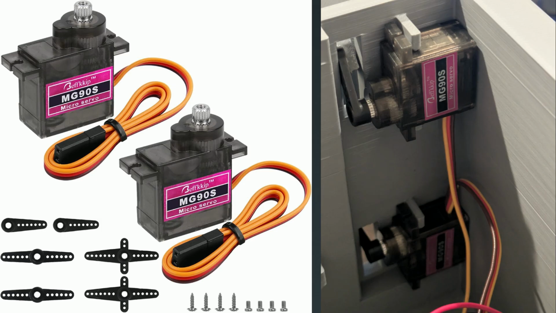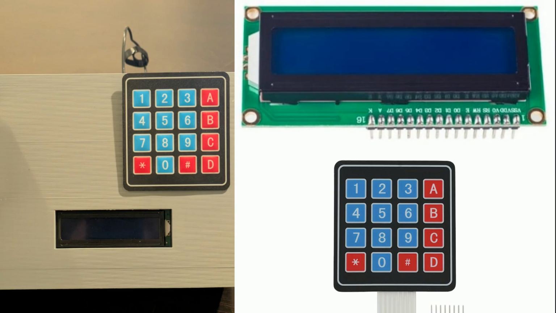In terms of the actuator, I used some 9-gram hobby servos that allow me, in this case, to flip up and down the top and bottom of a container. And lastly, for my display interface I used a 16 by 2 LCD screen, so that I can display messages to the user.